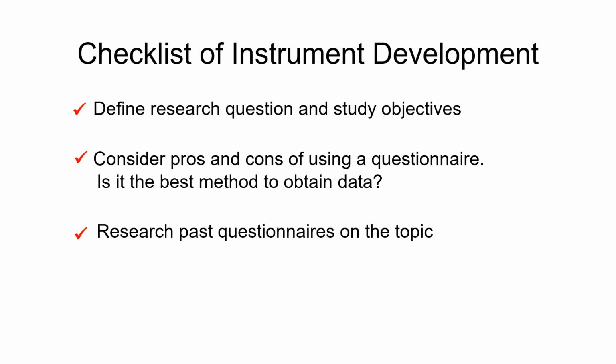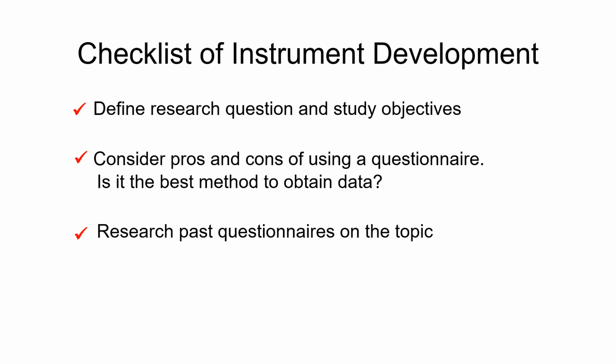The questionnaire is the most frequently used data collection method and tool in research. If an instrument like a questionnaire is to be utilized in a study, review the research question and objectives. Consider the pros and cons of using one and decide if it is really the best method to obtain the data.